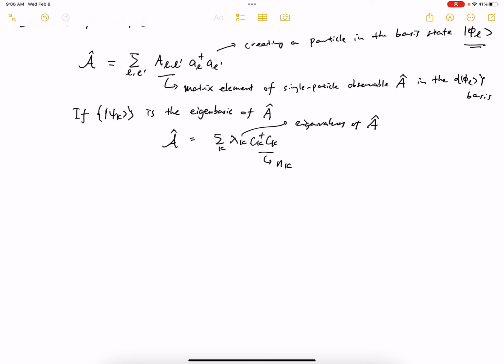Today we're going to get more complicated than this. We're going to look at two-particle operators and interactions.